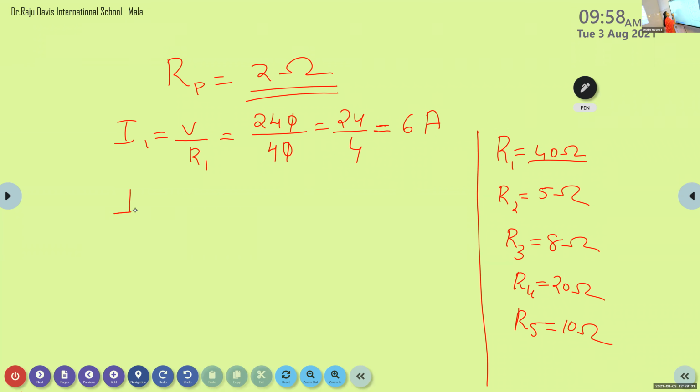Now we can find I2. I2 is equal to V by R2. The potential difference remains the same. It is 240 divided by R2. R2 is 5 ohm. So 240 divided by 5.